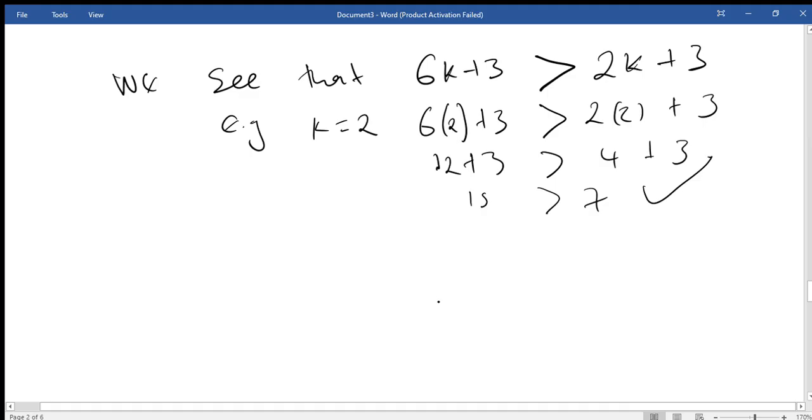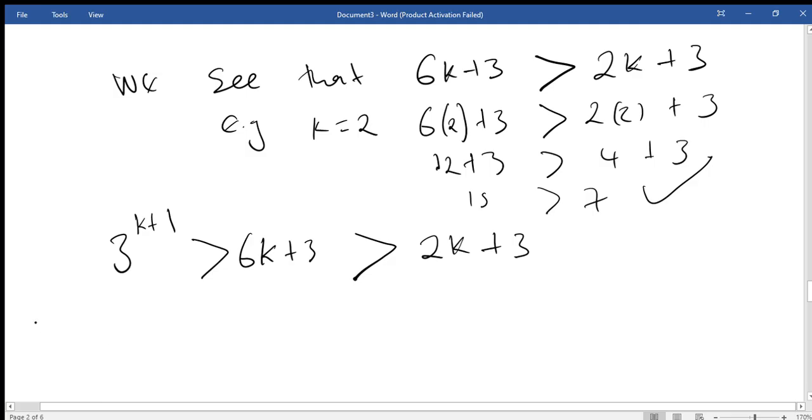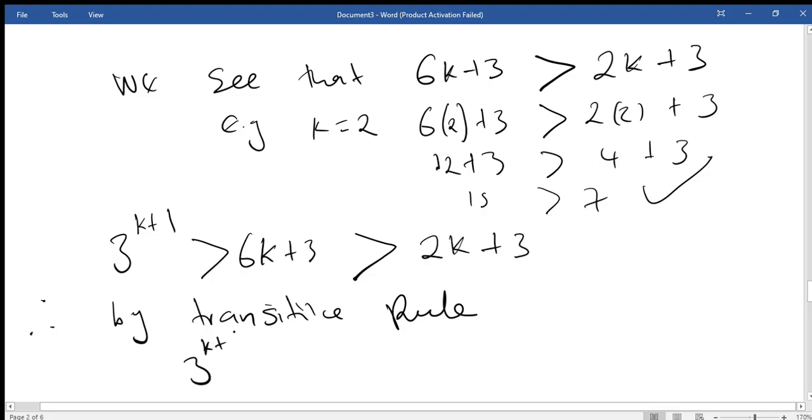So what we have here is 3 power k plus 1, which is greater than 6k plus 3. We have that this 6k plus 3 is also bigger than 2k plus 3. Therefore, by the transitive rule, 3 power k plus 1 is also bigger than 2k plus 3. This is a true statement.